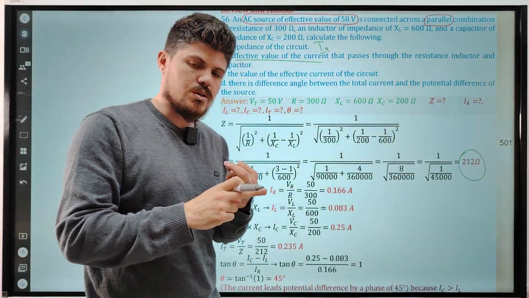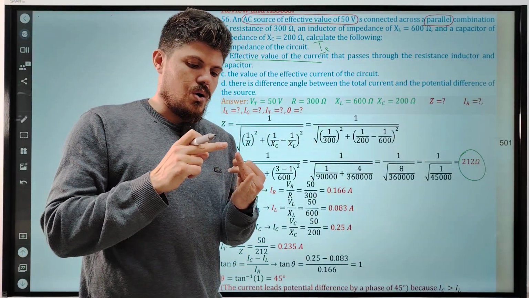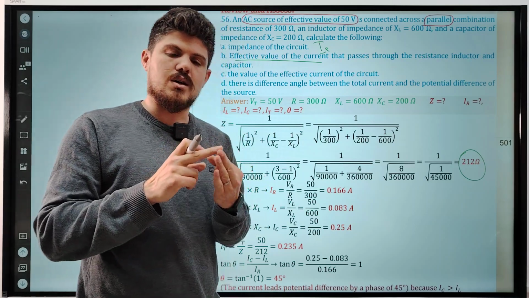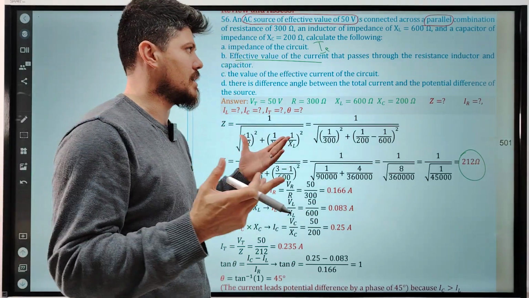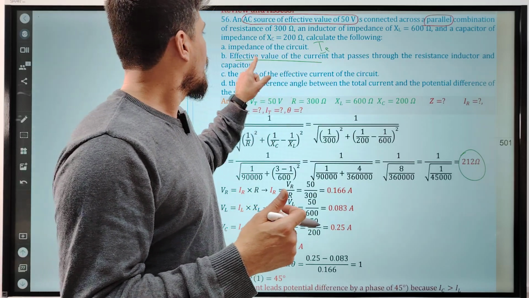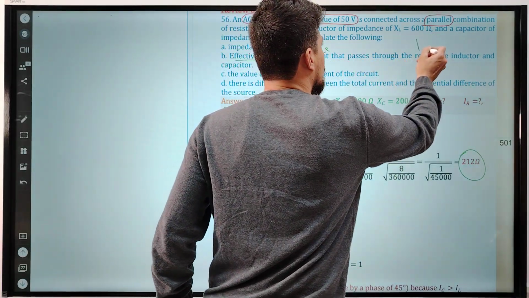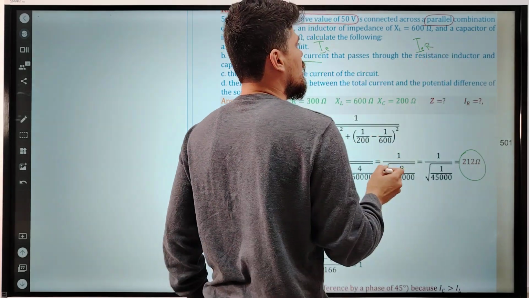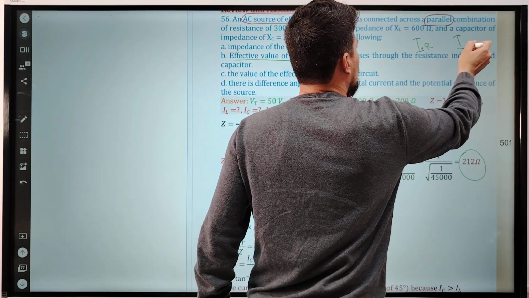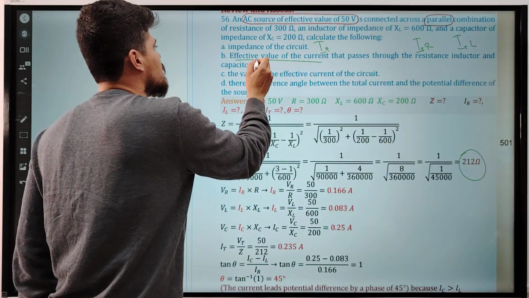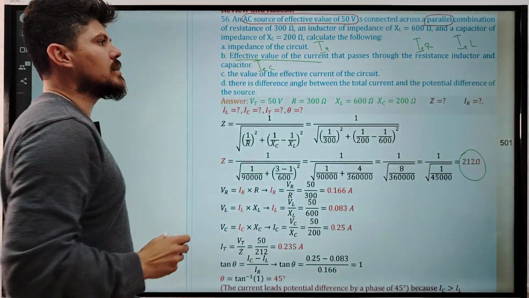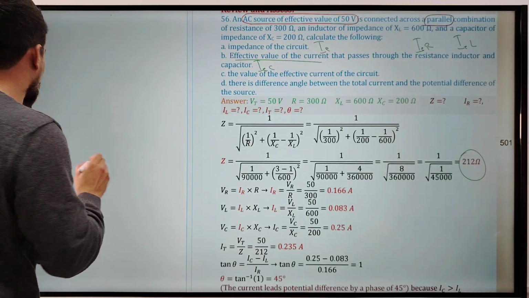IE across the source, IE total, or IE across the resistance, capacitance, or inductance. It should be indicated. The effective value of the current that passes through the resistance means IE for the inductor, IEL, and the capacitor, IEC.